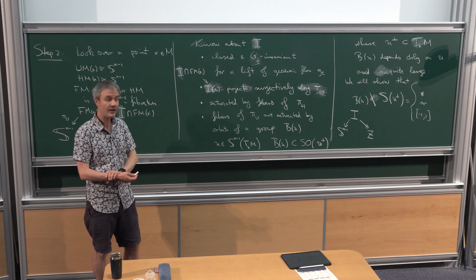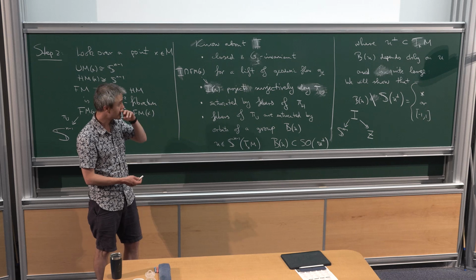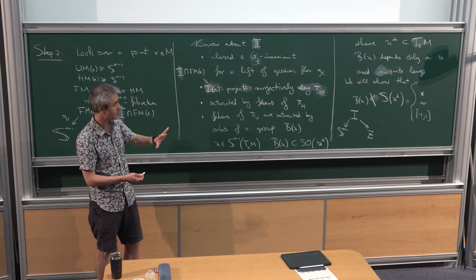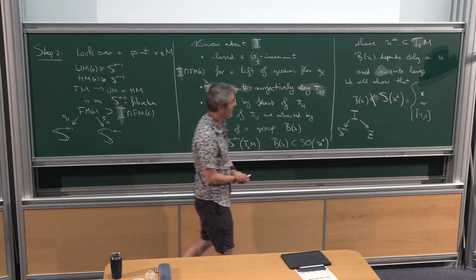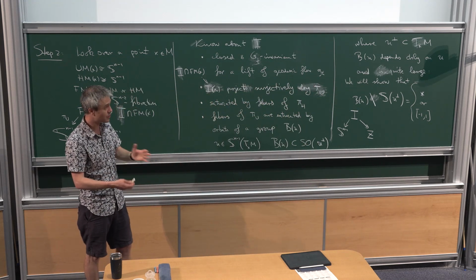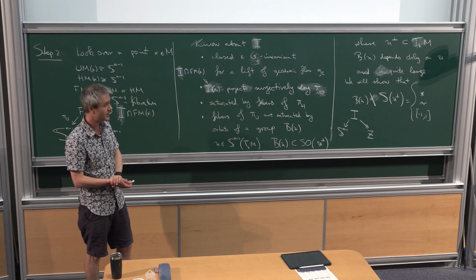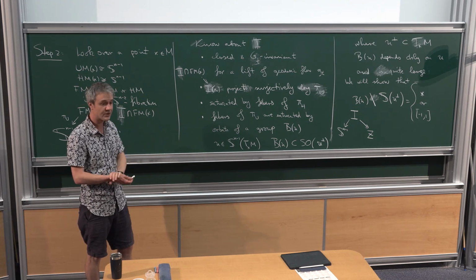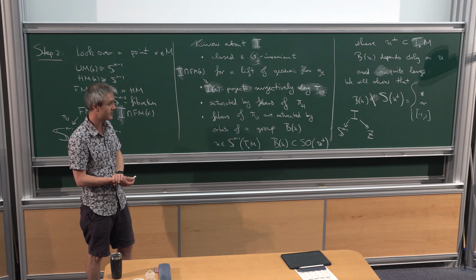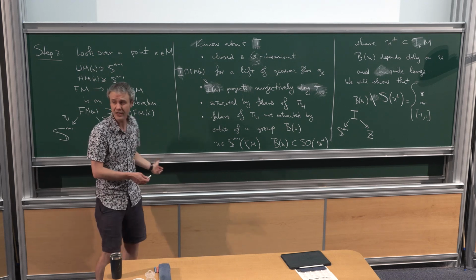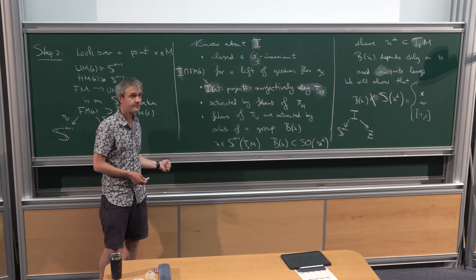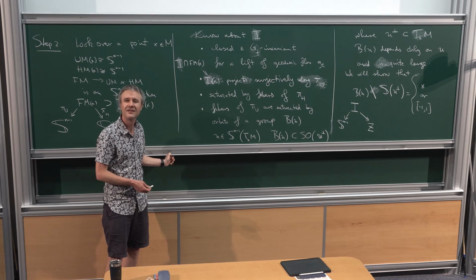I know this is a little bit vague, but I want to explain where this group comes from and how you can constrain this group and show that it can be fairly large. Hopefully this will give you some flavor of how these arguments go with these double fibrations. All right? Any questions?